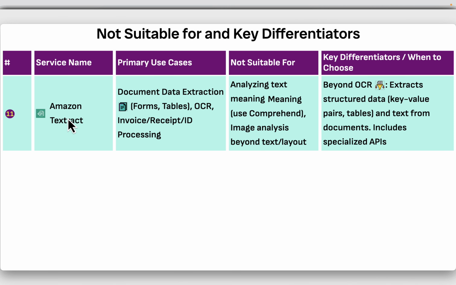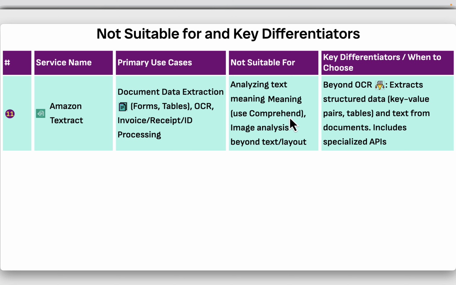Next service, Amazon Textract. So primary use cases are document data extraction from forms, tables, OCR, optical character recognition, invoices, receipts, and ID processing. This is not suitable for analyzing text meaning.